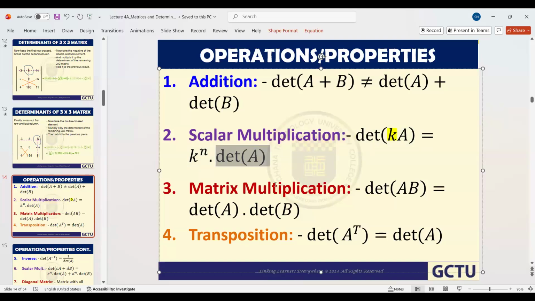Now, when you have 2 matrices that are multiplied and you are asked to find the determinant of the product, it is the same as finding the determinant of the individual matrices and then multiplying them. The last property here is that when you transpose a matrix and find the determinant, it's the same as the determinant of the original matrix. So these are some beautiful properties we can use in matrices.